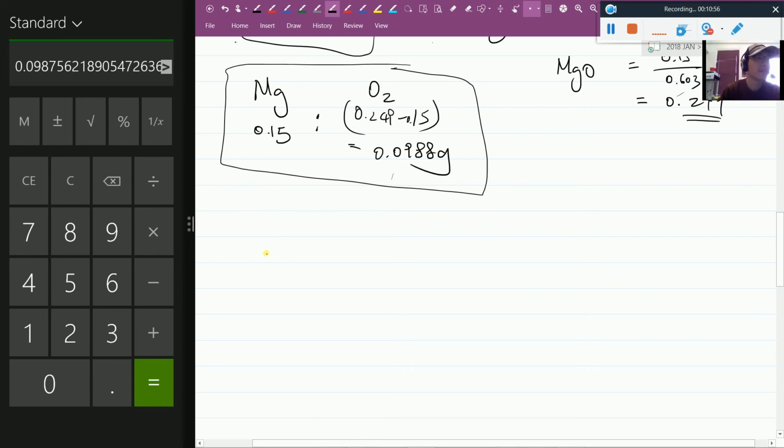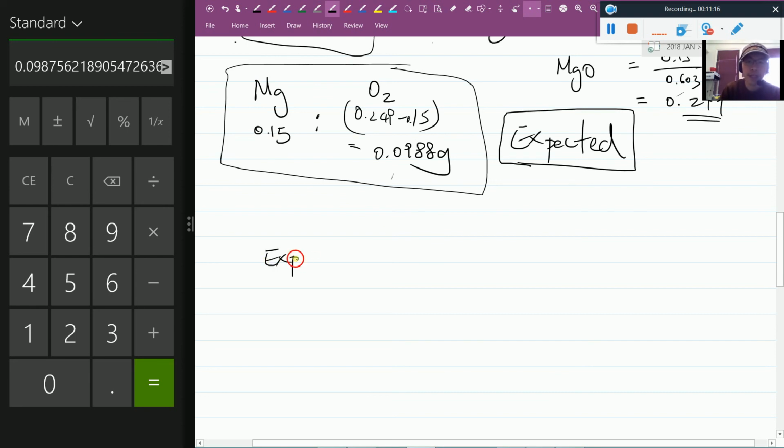This is your expected result, and your expected result is used to compare with your experimental result. Your experimental result may not be 2.48, it can be something else.